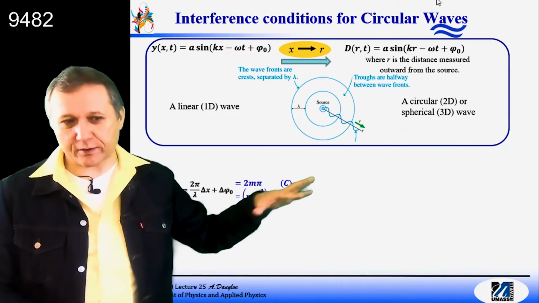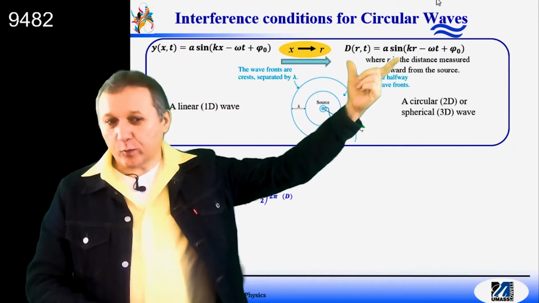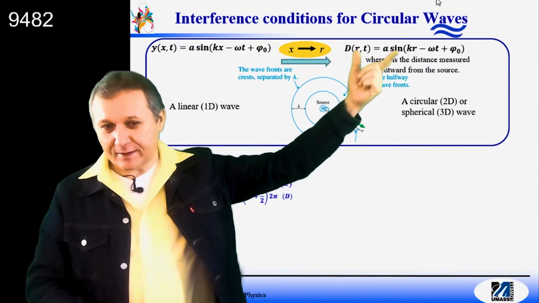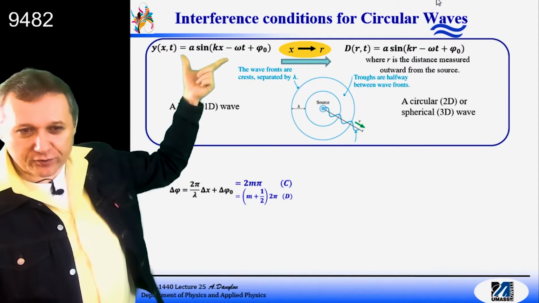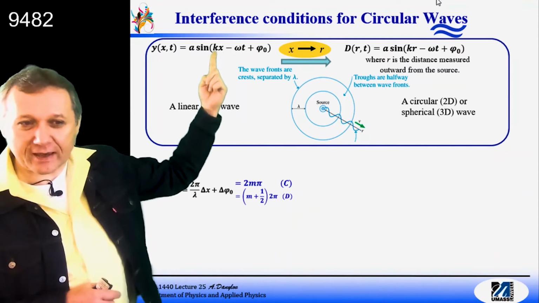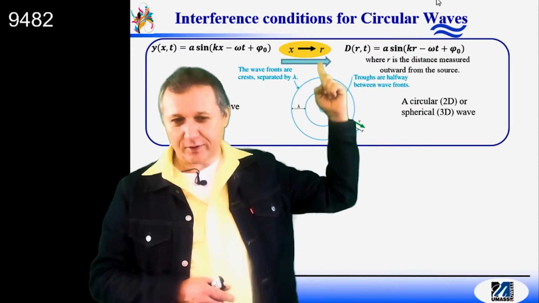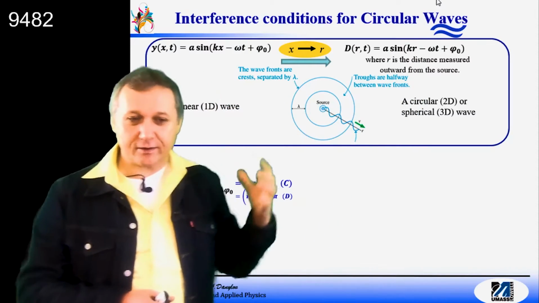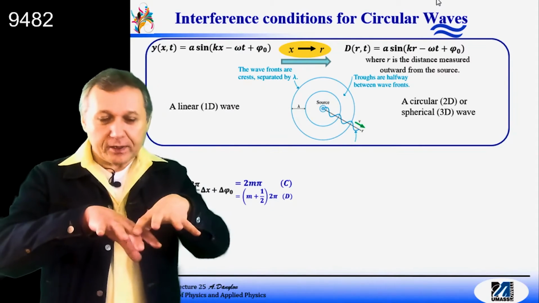But we discussed circular waves. An equation describing a circular wave is this. It's exactly the same as for a 1-dimensional traveling wave, but you just need to replace x with r. You see, x with r. And as a result, using this equation, you can describe circular waves.